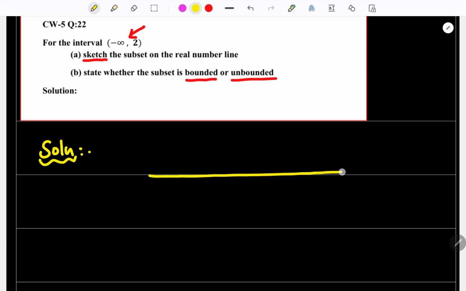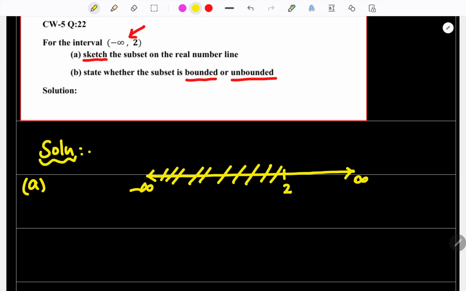So let me draw the first thing, sketch. This is infinity and this is minus infinity. Okay, right. And there is only one number which is 2, right? So for the interval minus infinity to 2, it means these portions are covered. What type of bracket do you have here? This is an open bracket. So you are going to put an open bracket here.